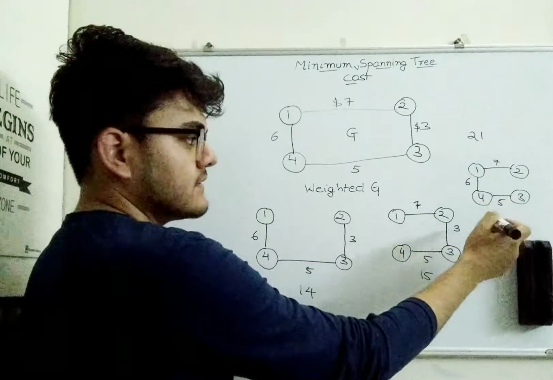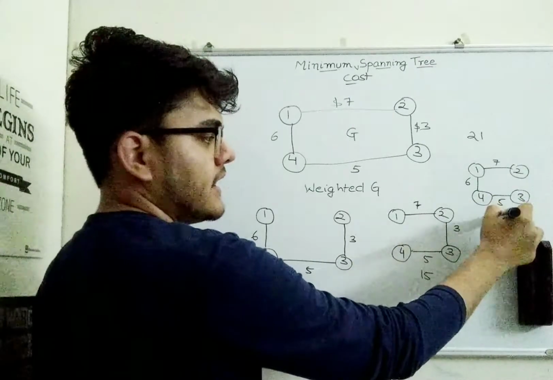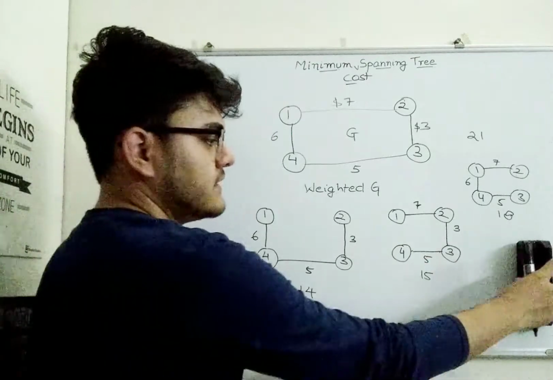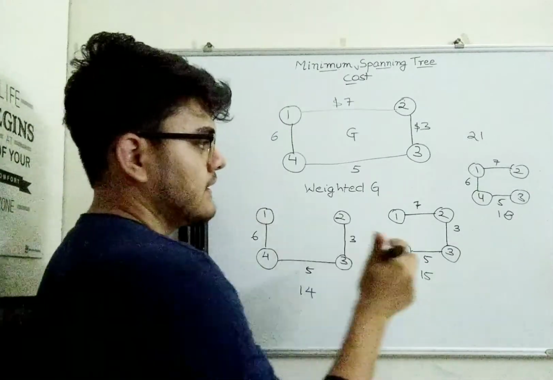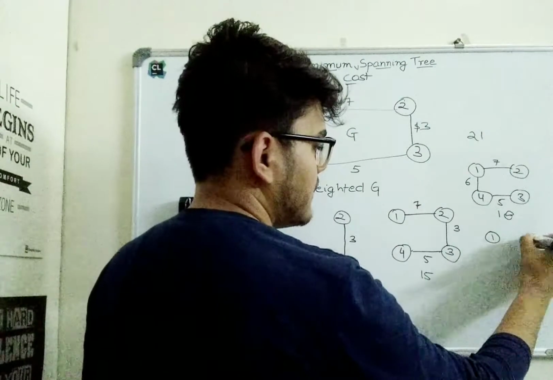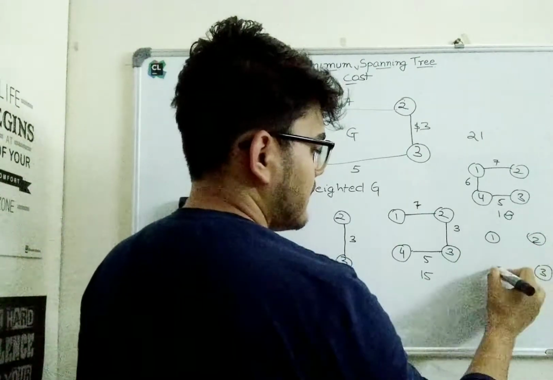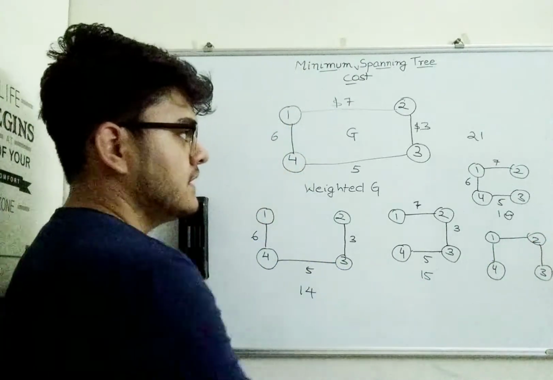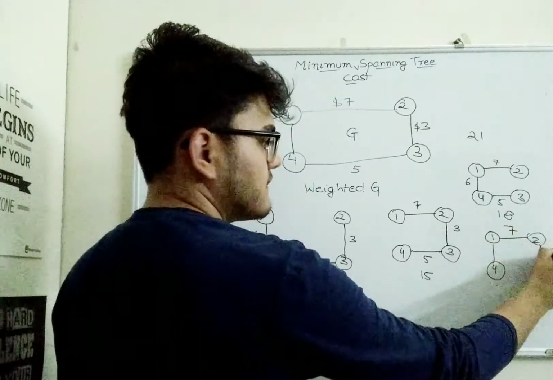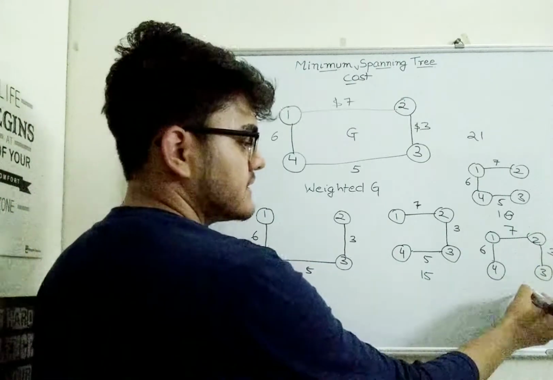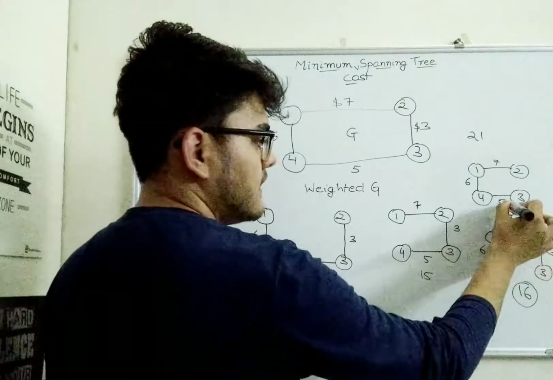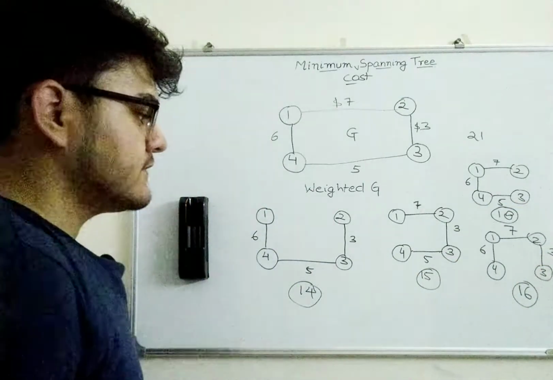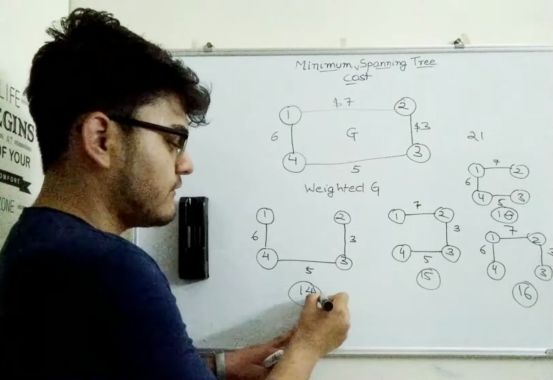What will be the total cost? 6 plus 5 is 11, and it will be 18. Now there is also the last case, which will be like this. Again we will assign the costs 7, 3 and 6, and we will calculate the total cost, which is 16. So we have 16, 18, 15 and 14. So the minimum cost in this case is 14.